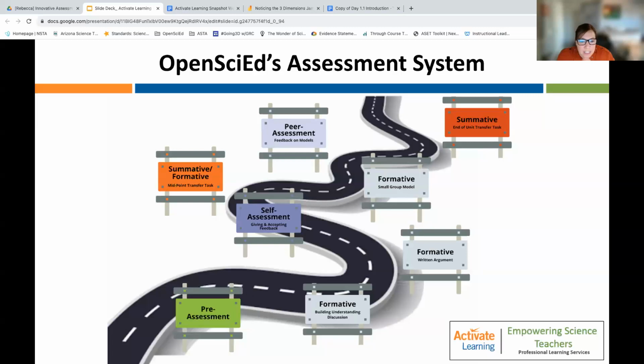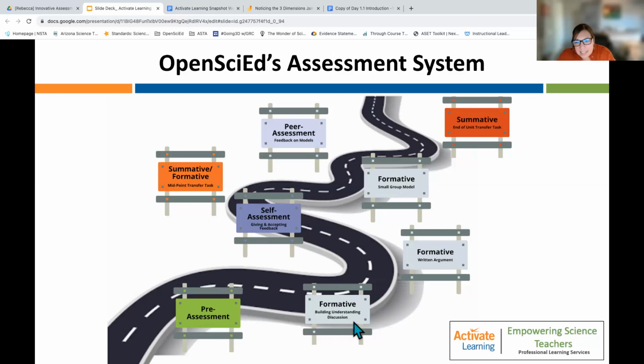So each unit starts with a pre-assessment, usually the driving question board and the initial model, right? So we have pre-assessments. Sometimes it's an initial explanation and it's questions using that driving question board routine. Then we use these pre-assessments because they allow the teachers to get a diverse set of ideas on the table that can be leveraged and built upon throughout the entire unit.